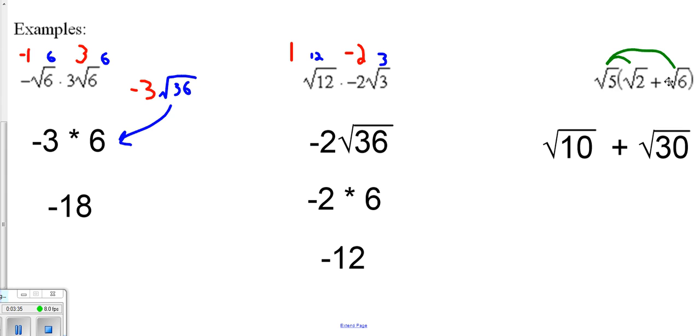Square root of 5 times the square root of 6 becomes the square root of 30. Neither of these will simplify though, because we can't break any square roots out of this one. We can't break any square roots out of this one. If we go back and look at our list of perfect squares, we can't divide any of those out of these two numbers. So this is our simplified form then. This is as simple as we can make this one.